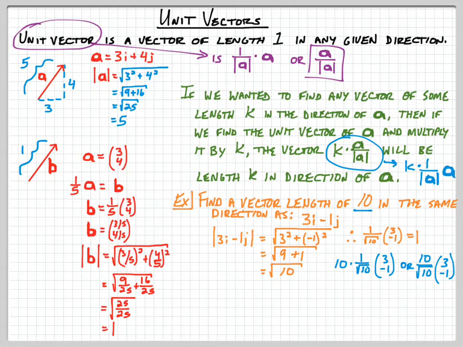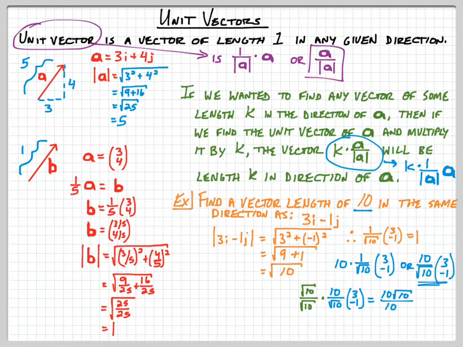Now, we tend to not like vectors or anything where we've got a square root in the denominator. So we can rationalize this vector equation by multiplying by root 10 over 10. So we're going to do that, and then we get 10 times square root of 10 over 10, right?